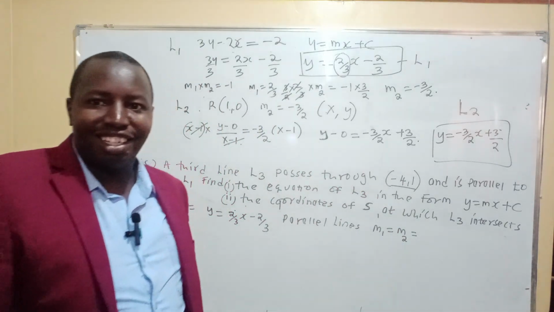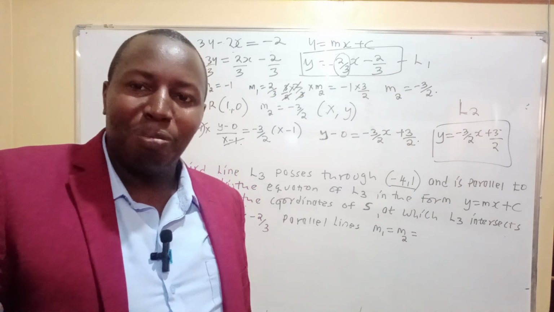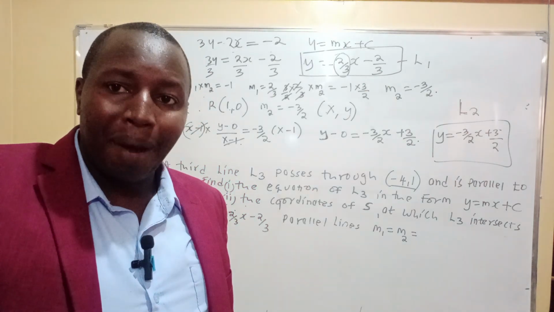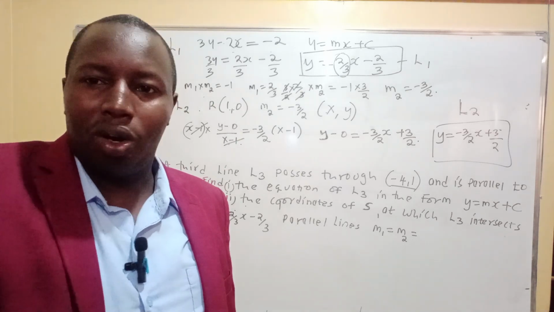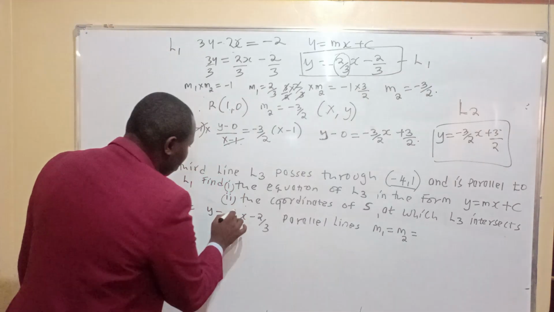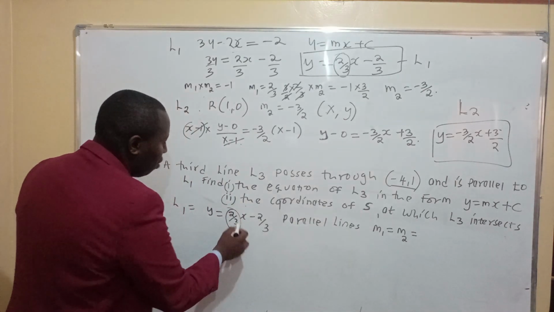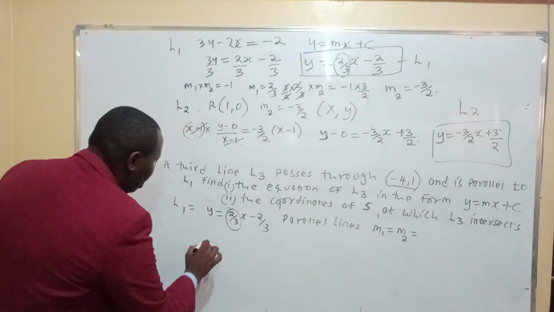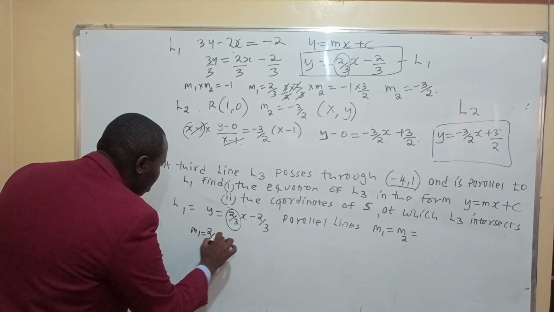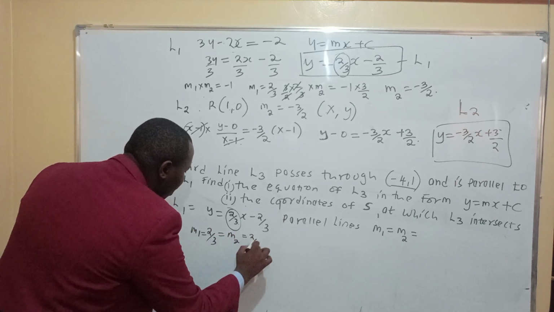Because gradients of parallel lines are always equal, take the gradient of L1, which is 2 over 3. So M1 is equal to M2, which is equal to 2 over 3.